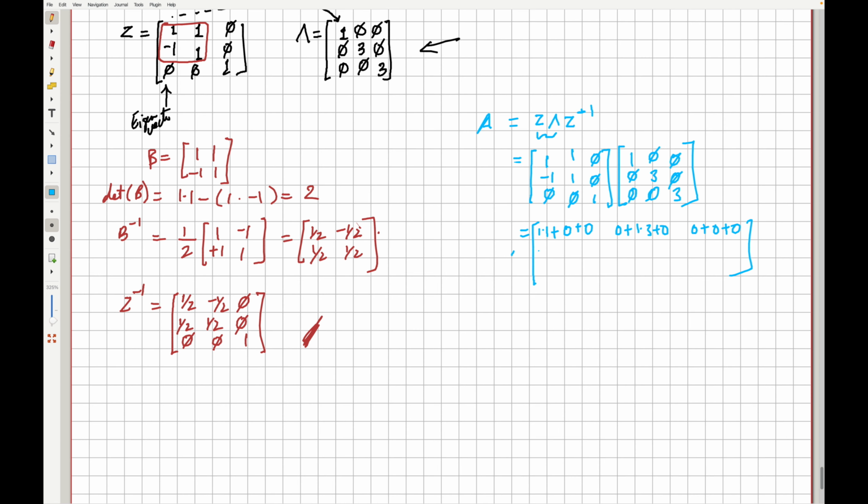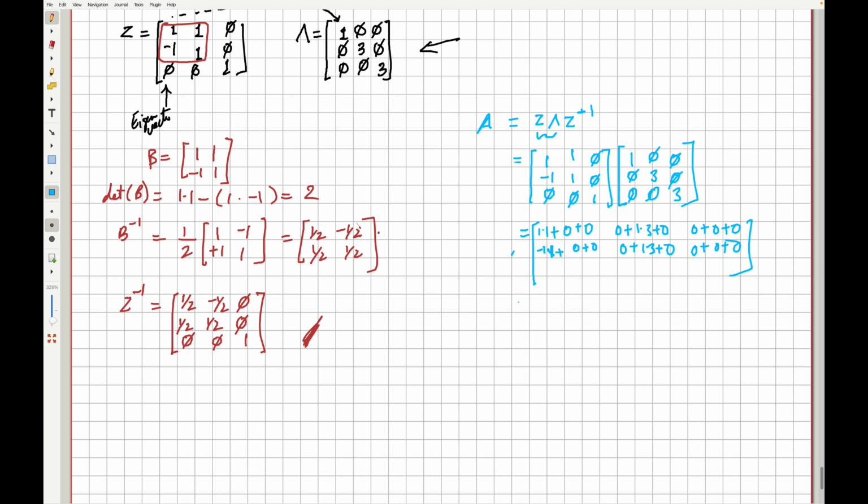And likewise in this case, we have -1 times 1 plus 1 times 0 plus 0 plus 0, and then we have 0 plus 1 times 3 plus 0, and then finally we have 0 plus 0 plus 0.